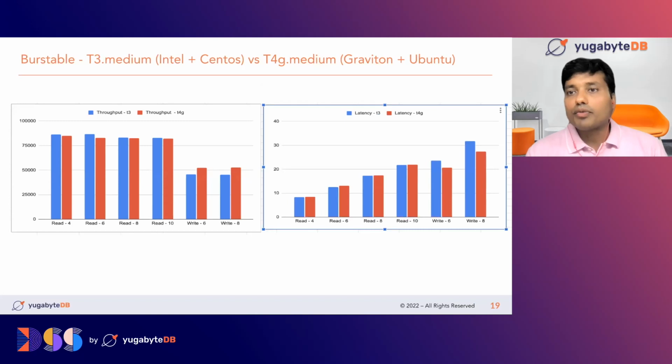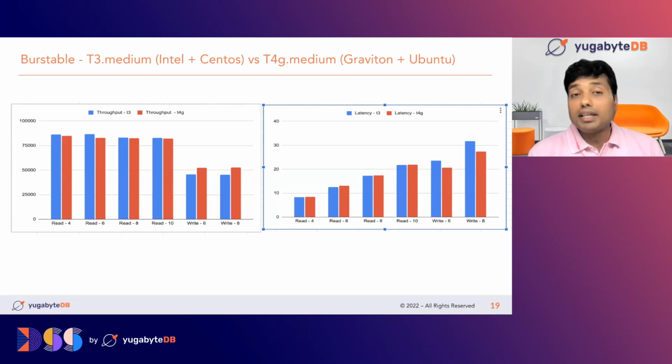For free tier, we use burstable instances, which are T3.medium as of today. And like Arthur said, the equivalent for T3.medium, which is an Intel instance, is the T4G.medium instance, which is a Graviton instance. So we started comparing these burstable instances. Obviously, for free tier, we normally use burstable because the workload is not sustained there.